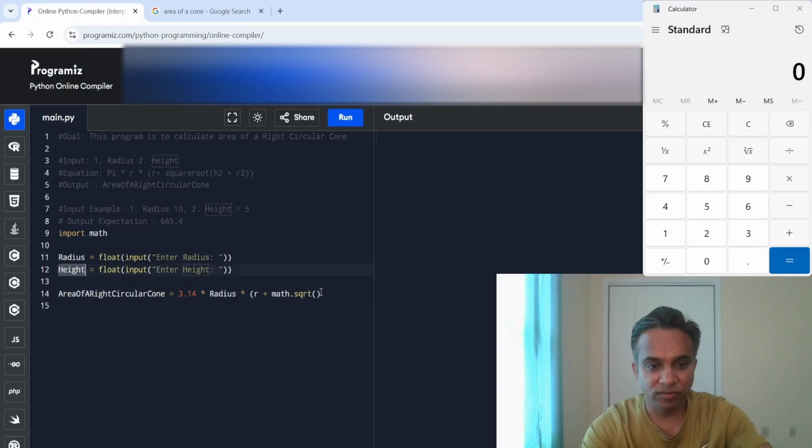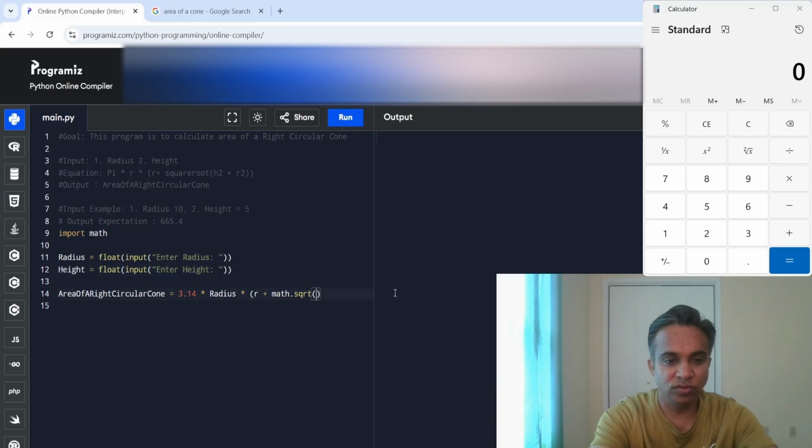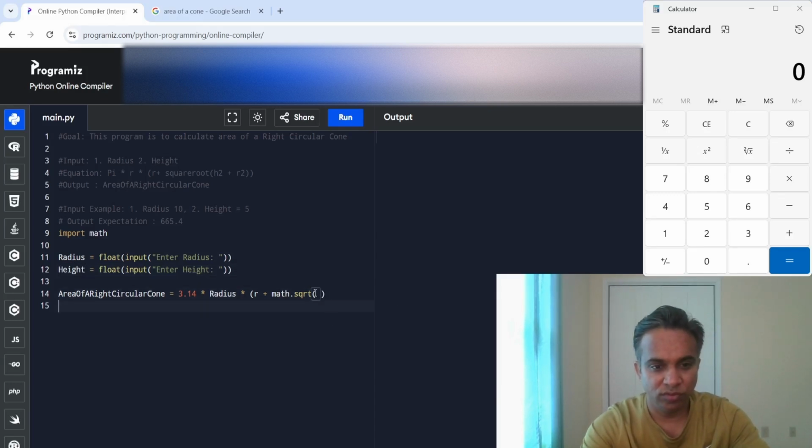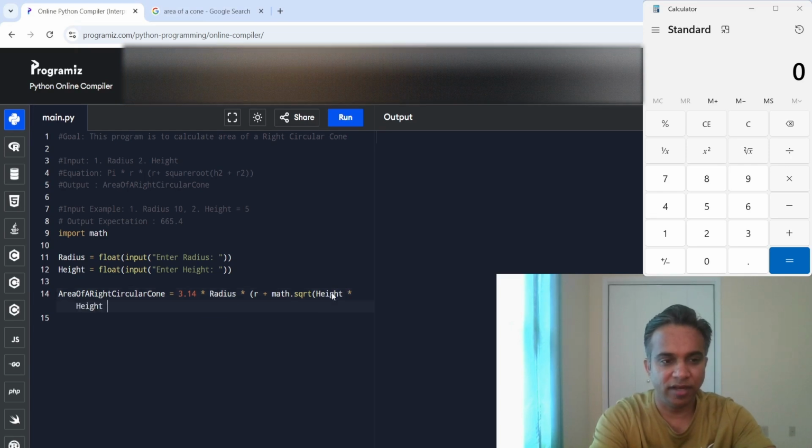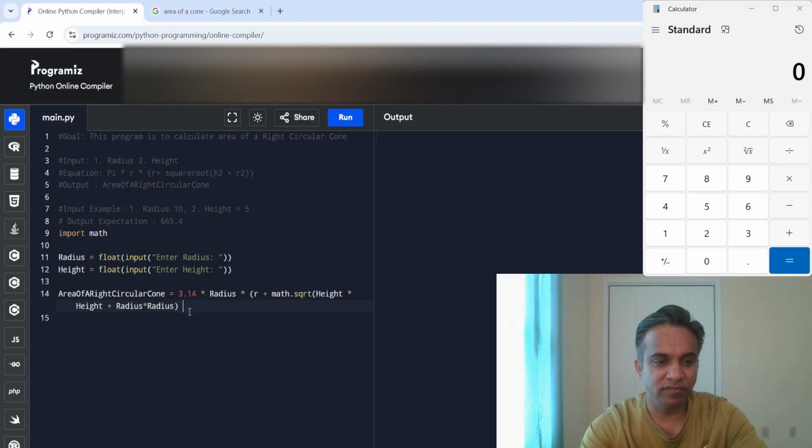So we can use height multiplied by height plus radius multiplied by radius. So this is one method.